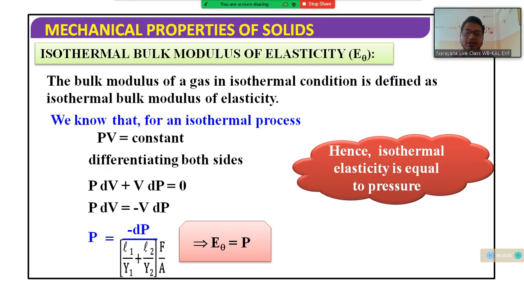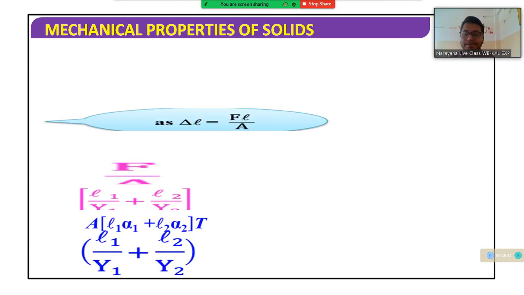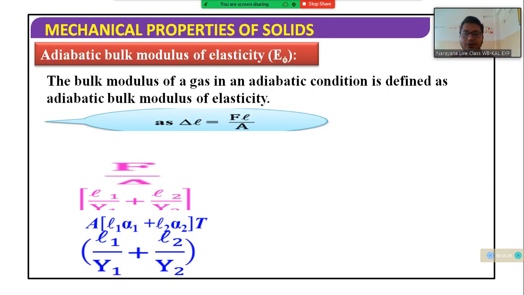So E theta equals P. Hence the isothermal elasticity is equal to the pressure.